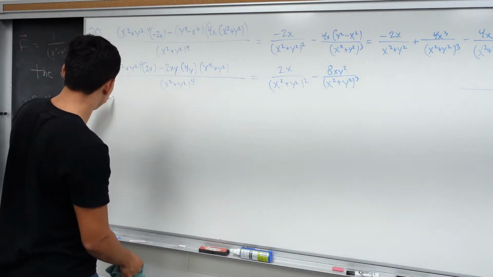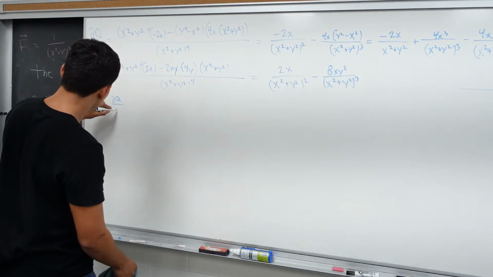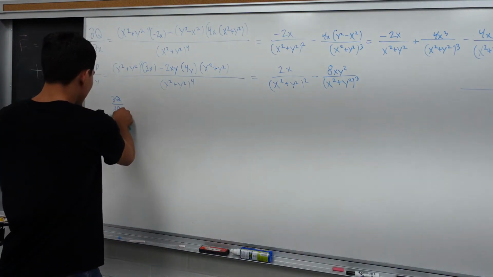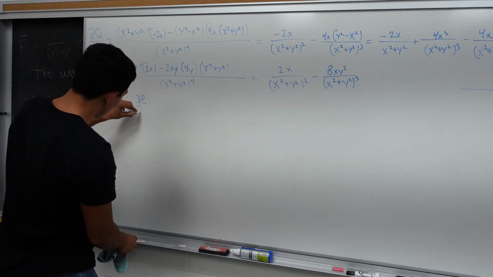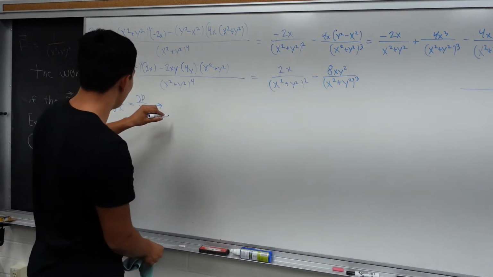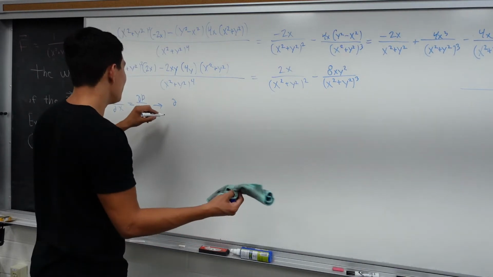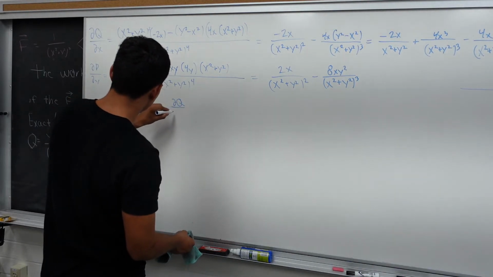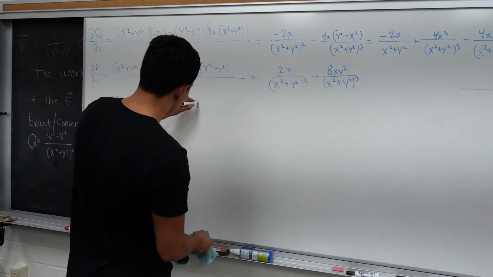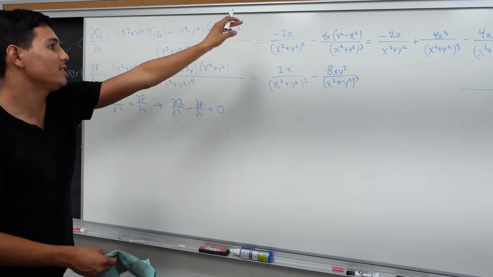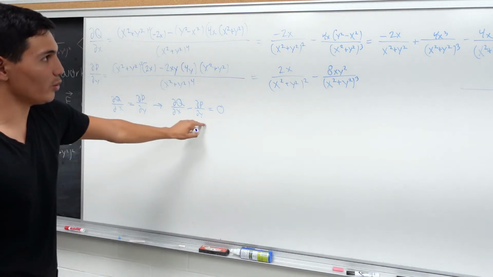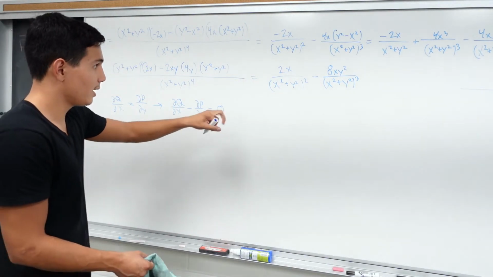So we have dq dx equal to dp dy, and then if I go like this, I'm literally writing Green's theorem right now: dq dx minus dp dy is equal to 0. So I'm going to make it into this form. This is literally the integrand for Green's theorem.